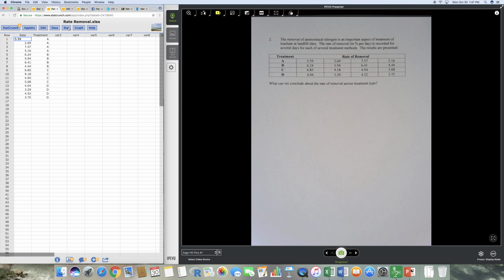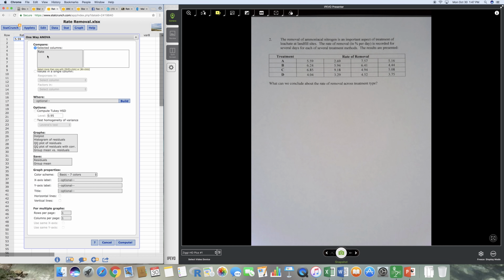So guys, I'm going to go ahead and run the ANOVA. So I want to compute Tukey just in case we do have significant difference, and I need to test homogeneity of variance. All right, so let's go.